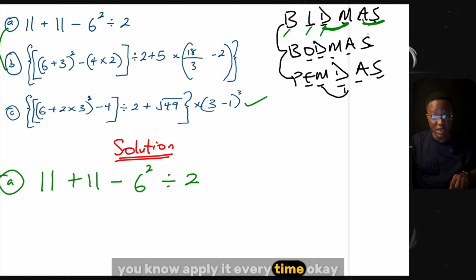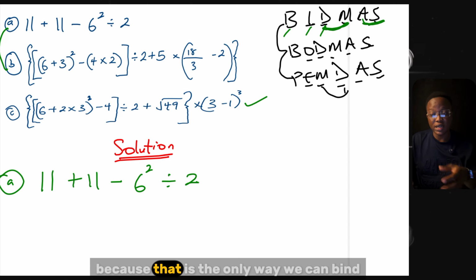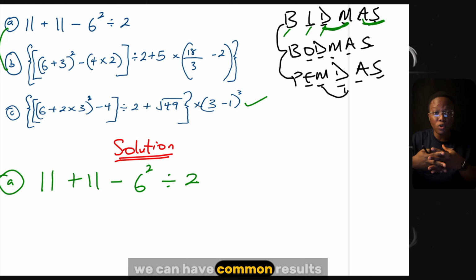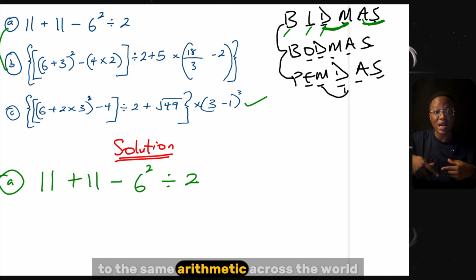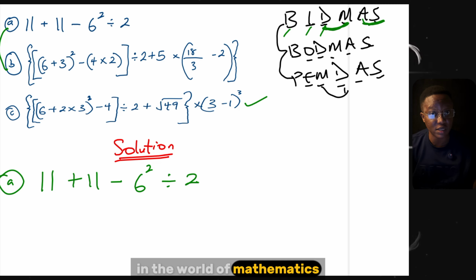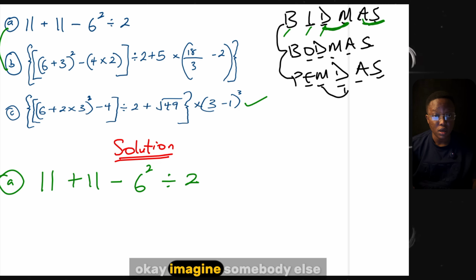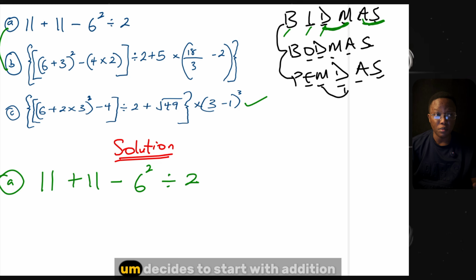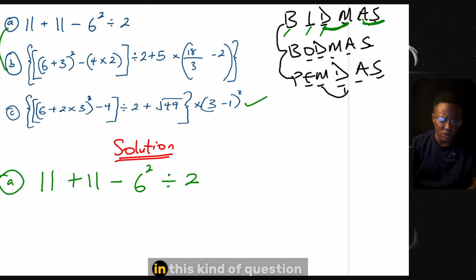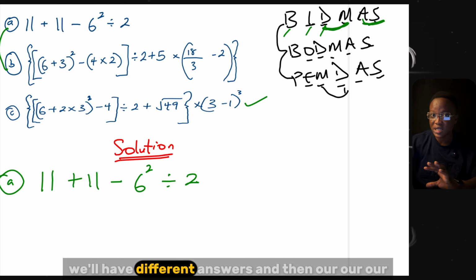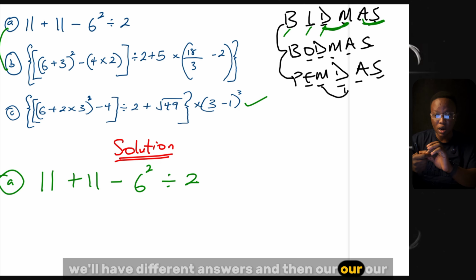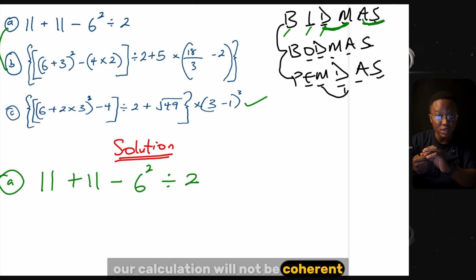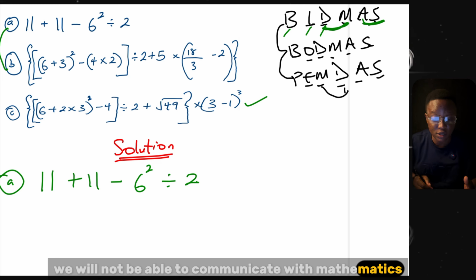Apply it every time. Okay? Because that's the only way we can have common results to the same arithmetic across the world of mathematics. Imagine somebody else decides to start with addition in this kind of question. We'll have different answers, and then our calculation will not be coherent. We'll not be able to communicate the mathematics, so to say.